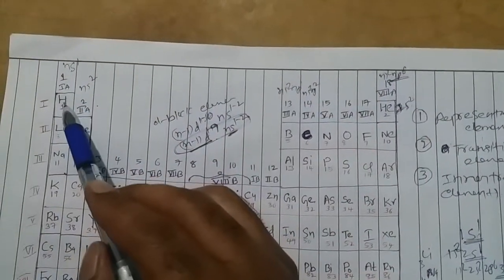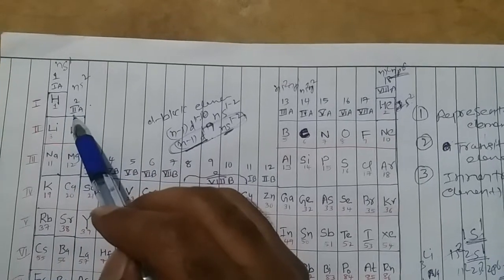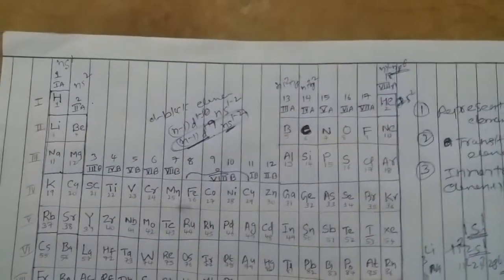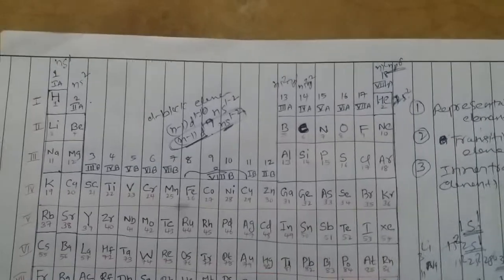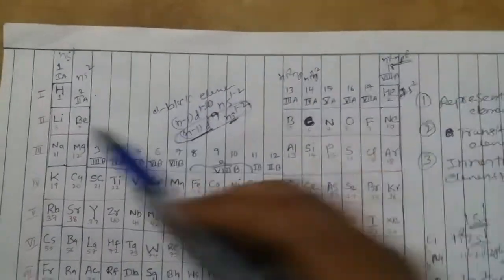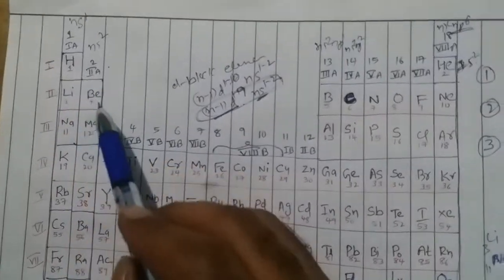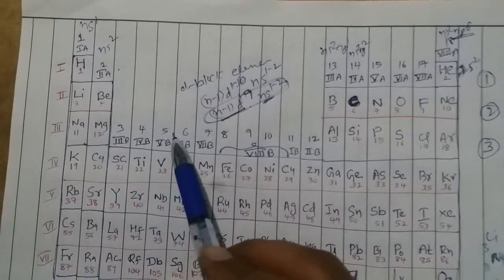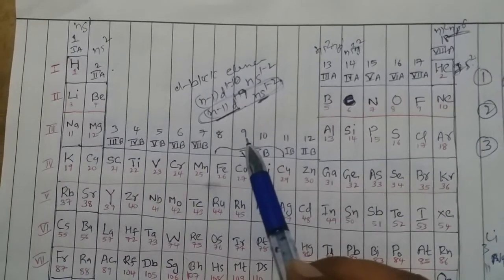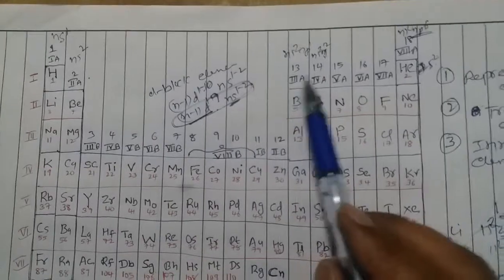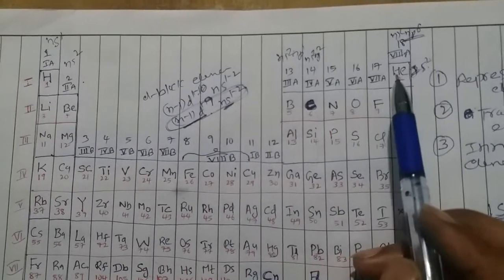A type of groups means what? The first group is called first A group, the second group is called second A group. According to IUPAC, we have 18 groups, means first group, second, third, fourth, fifth, sixth, seventh, eighth, ninth, 10th, 11th, 12th, 13, 14, 15, 16, 17, 18 groups.